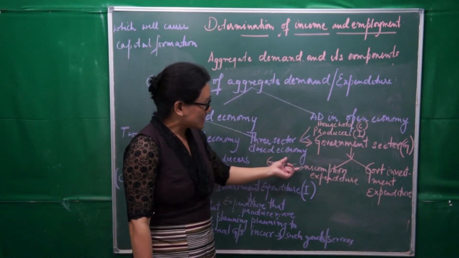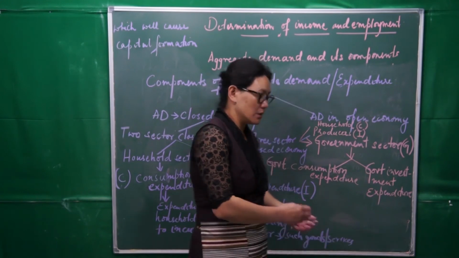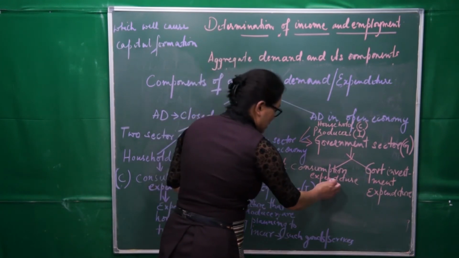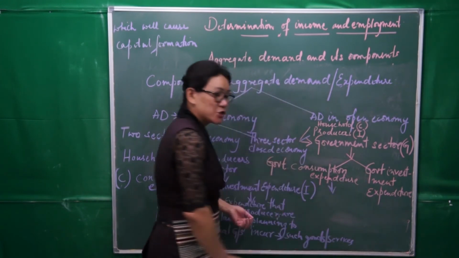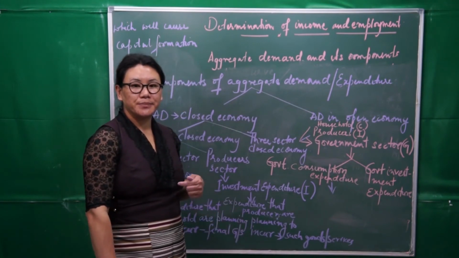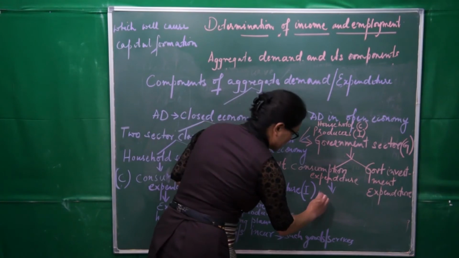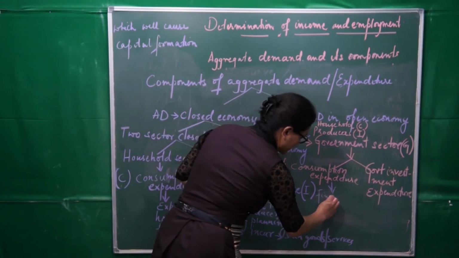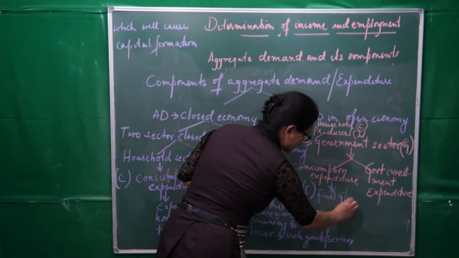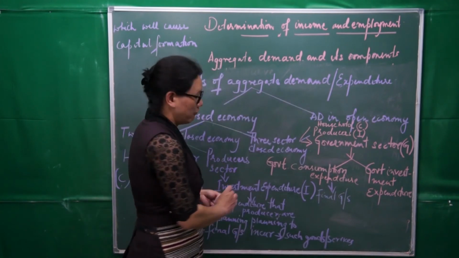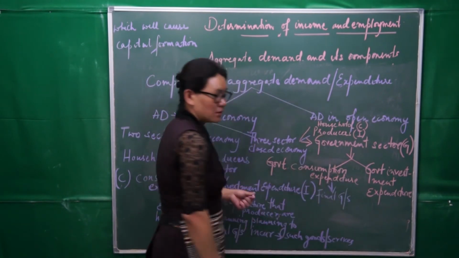What is this government consumption expenditure? Again, expenditure on what? Expenditure on the purchase of final goods and services for, see here, consumption.